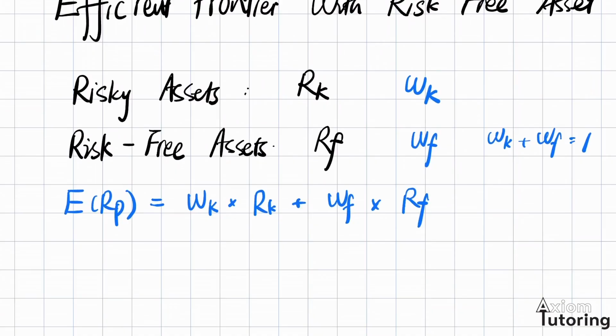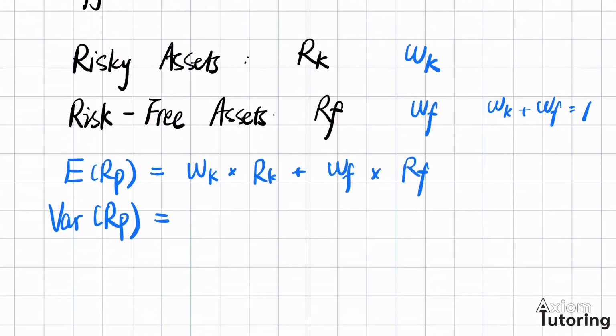And then we'll need to calculate the variance of the return of this portfolio. We'll still use the same formula that we have encountered before from the two stock situation. Only in this case, we don't have two stocks, but two different types of assets. But the essence is still the same.